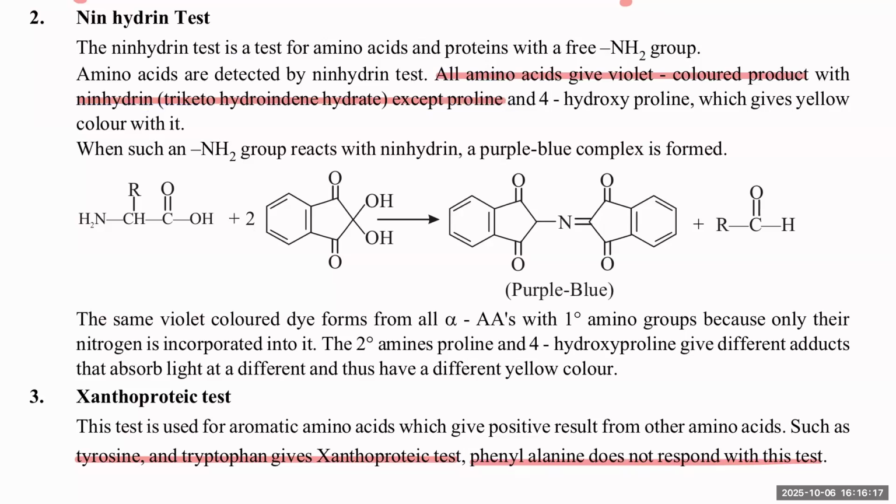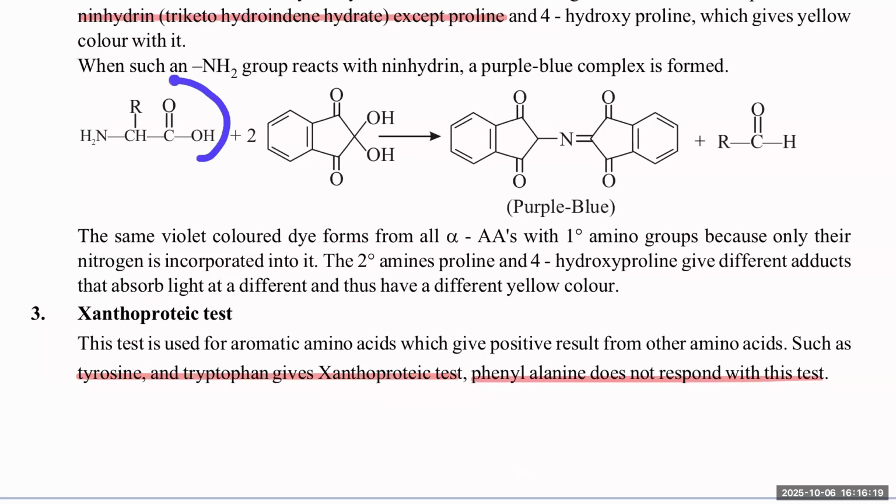Okay, what does that mean? See, if this is an amino acid, I take 2 moles of ninhydrin. This is ninhydrin. So basically ninhydrin will take hydrogen and OH from here, convert into amine, and it will perform 2 times. So 2 times OH will go away and gets an N connection here between these two.